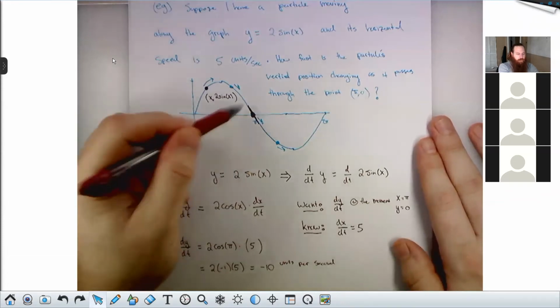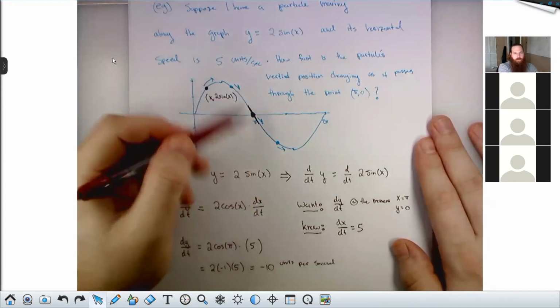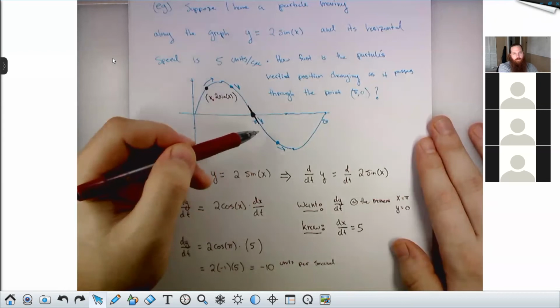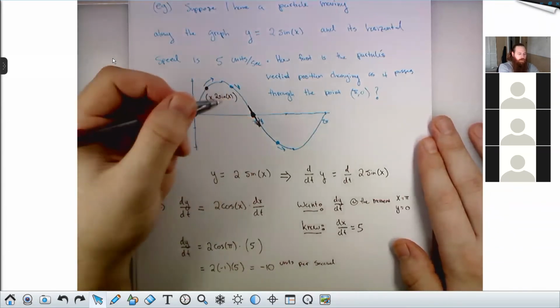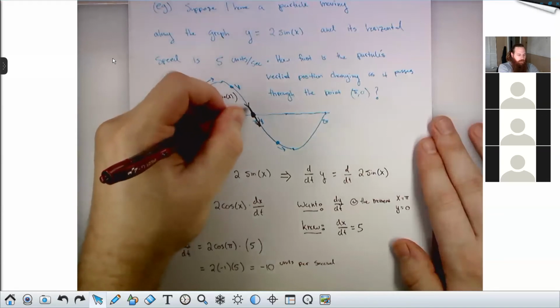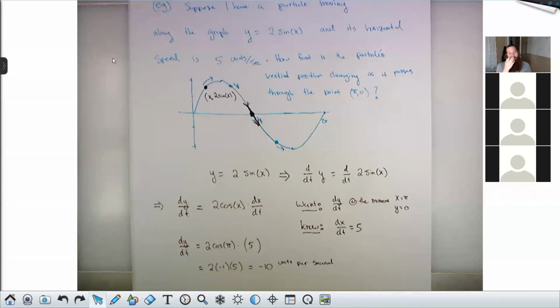So I can't geometrically explain why the answer here is 10, but I can geometrically explain why the answer is negative. The answer is negative because we're visibly going down here as I go left to right. But the fact that the value is 10 is coming from how fast I'm moving to the right.